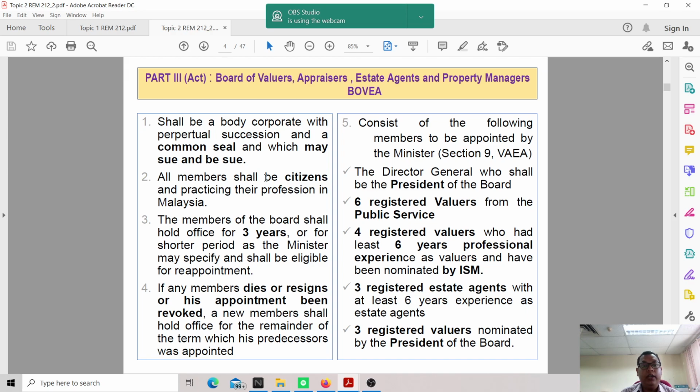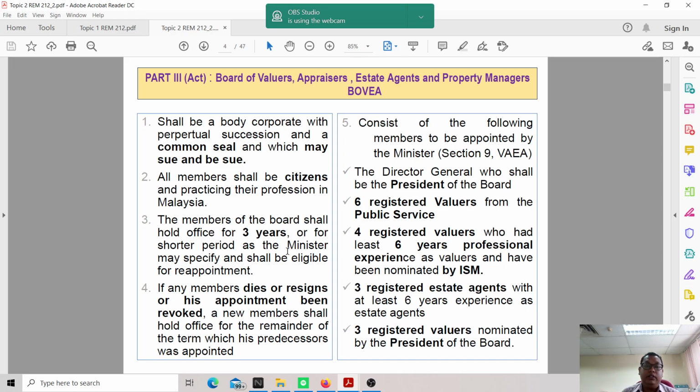All members shall be citizens of Malaysia and practicing their profession in Malaysia. The members of the board shall hold office for 3 years or for a shorter period as the minister may specify and shall be eligible for reappointment. Okay, so the minister in charge is of course the Minister of Finance.